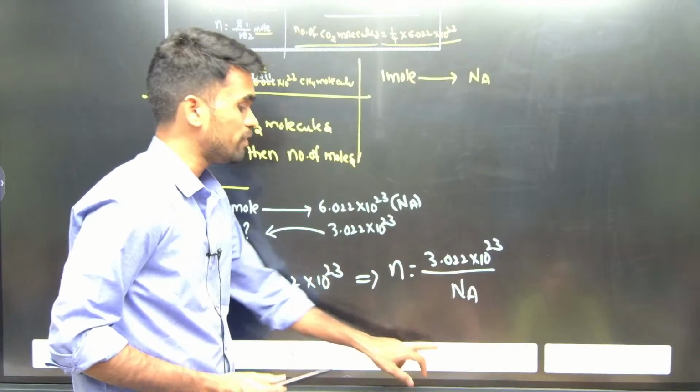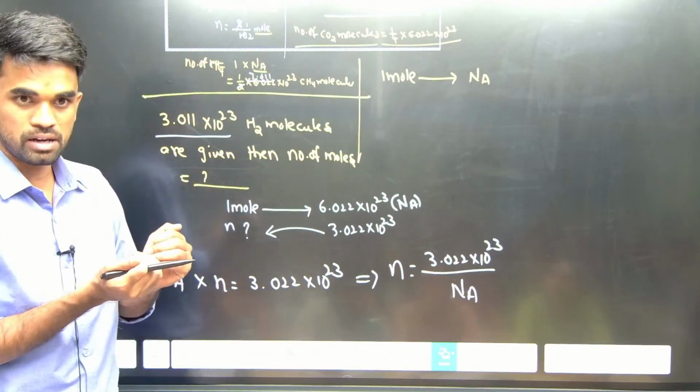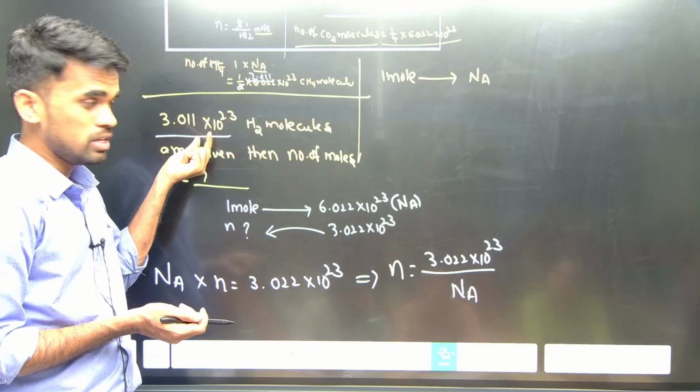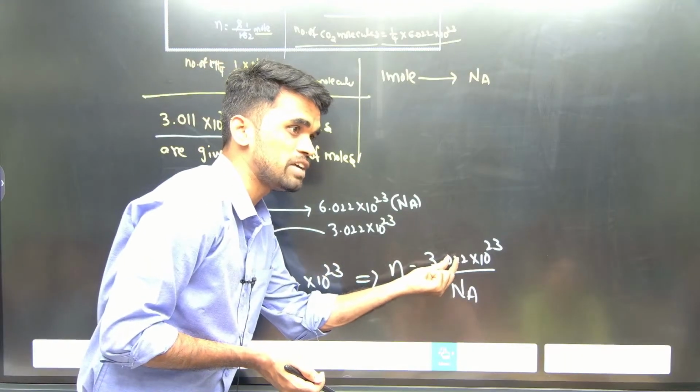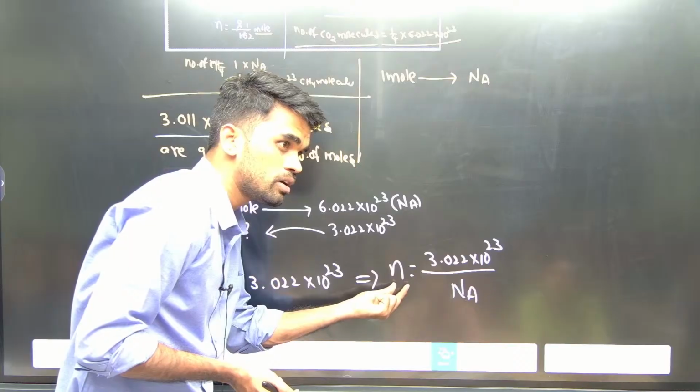Yeah. So now we are making a generalized formula. See, this many molecules I mentioned, this many particles I have mentioned. So the number of particles divided by Avogadro number gives you the number of moles.